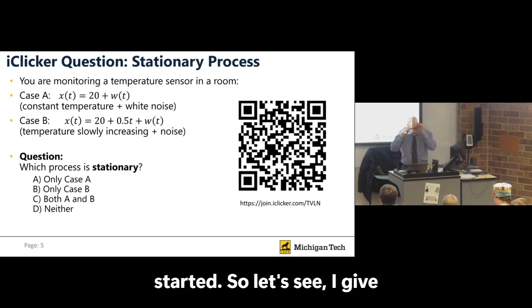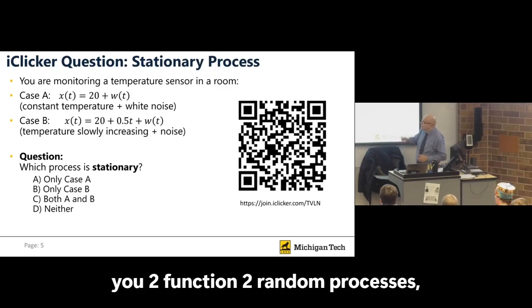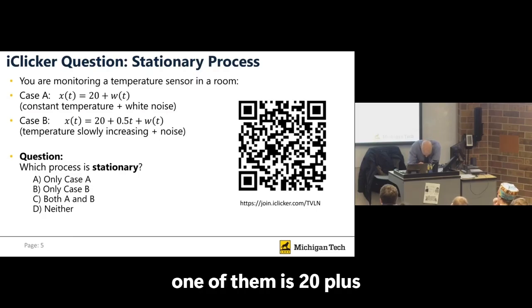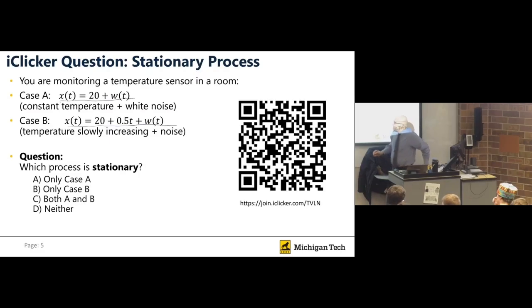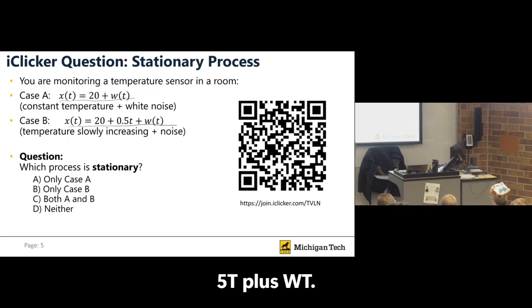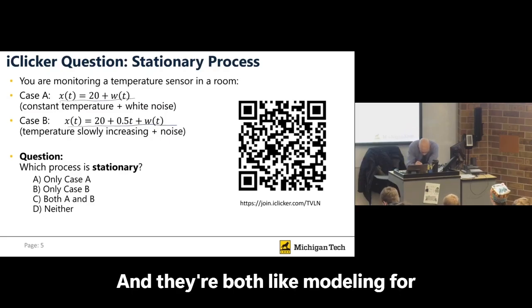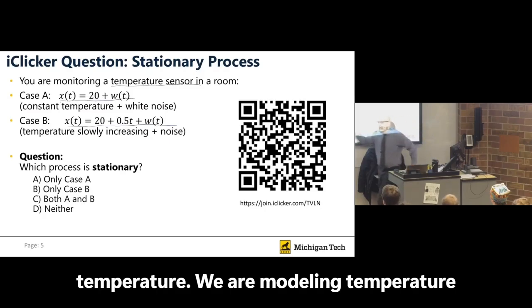So let's see. I gave you two random processes. One of them is 20 plus WT, and the other one is 20 plus 0.5T plus WT. They're both modeling temperature.